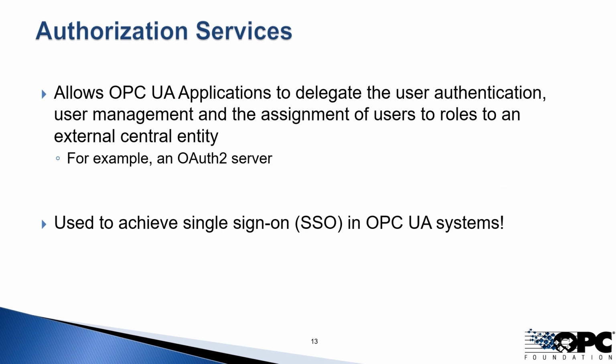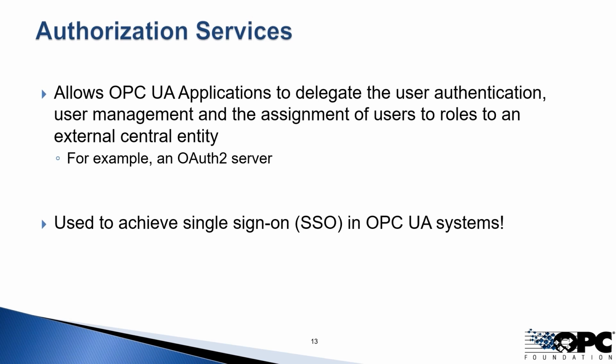So the next centralized service I want to talk about is authorization services. The authorization services are a way to separate concerns such that it allows OPC UA applications to delegate the user authentication and user management and assignment of users to roles to some external entity, for example, an OAuth 2 server.